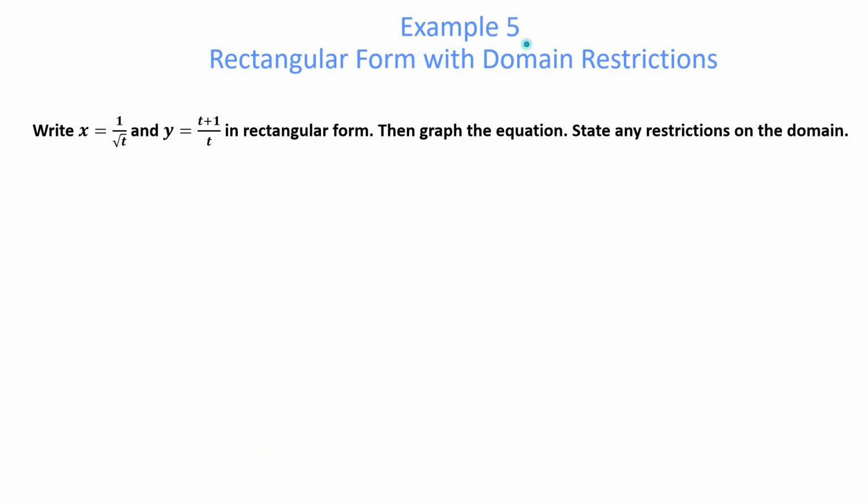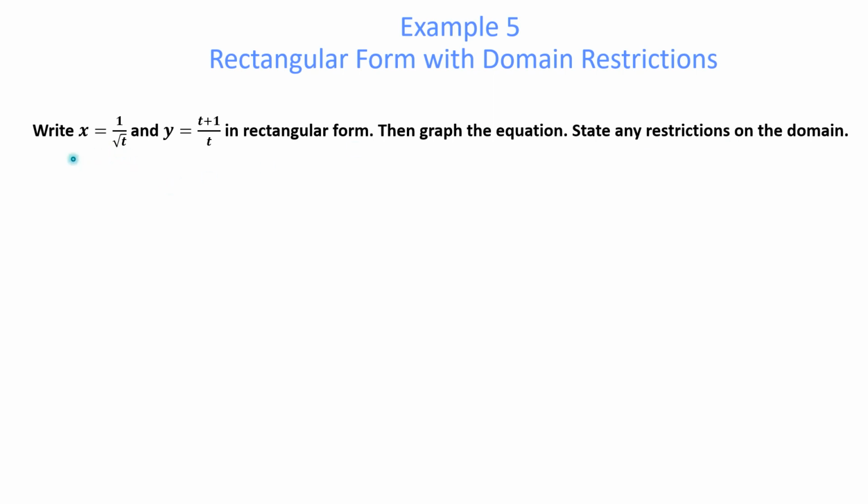Example 5. Rectangular form with domain restrictions. Write x equals 1 upon root t and y equals t plus 1 upon t in rectangular form. Then graph the equation. State any restrictions on the domain.